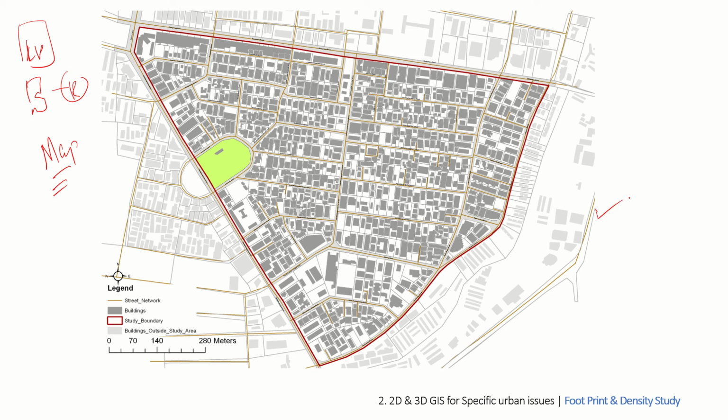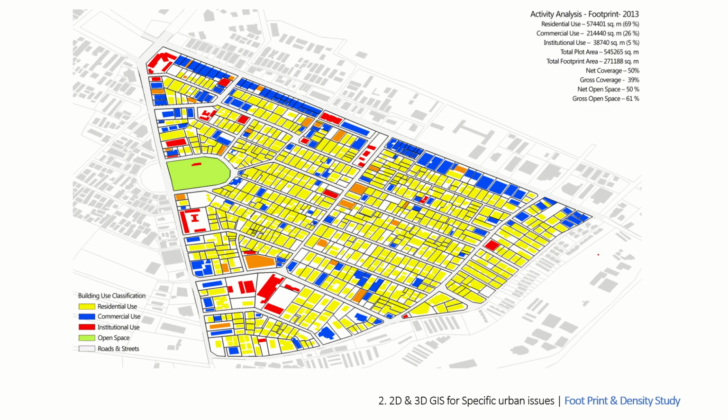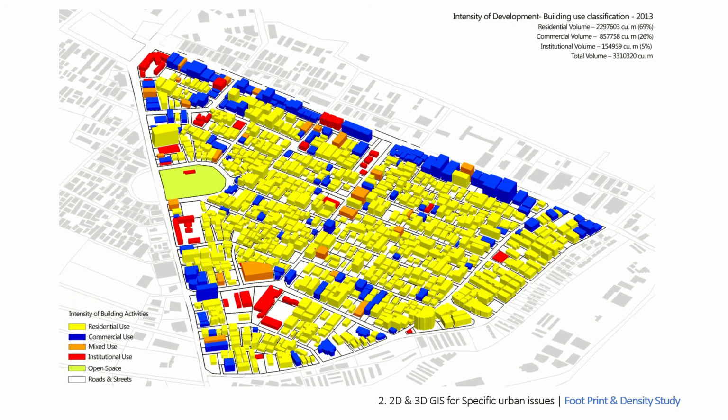Okay, so this is part of T Nagar, a 2-dimensional drawing, and you can see that we were trying to map which buildings are residential, commercial, institutional, open space. This is building use, specifically. And of course, 3-dimensionally, what is the total volume of building that is there in terms of residential, commercial, and so on and so forth.